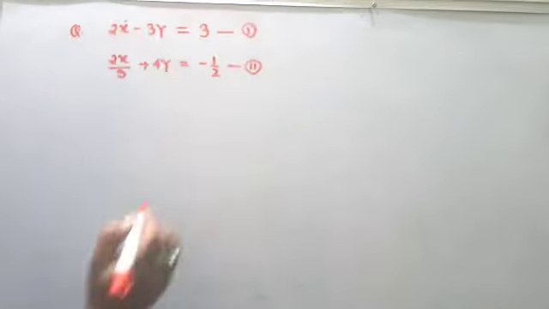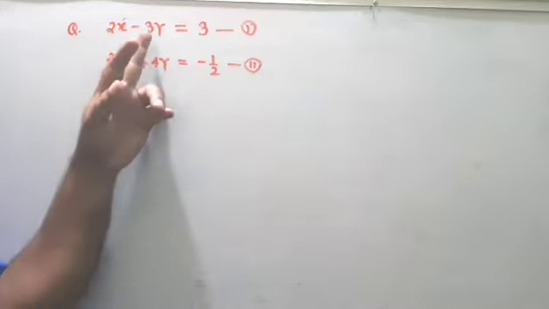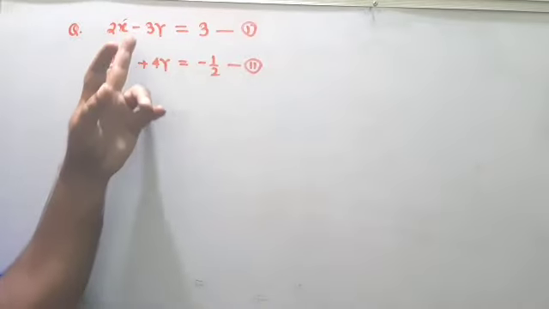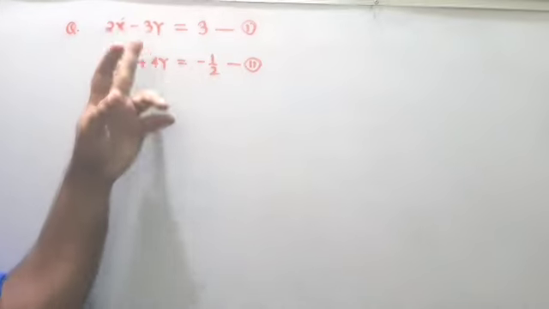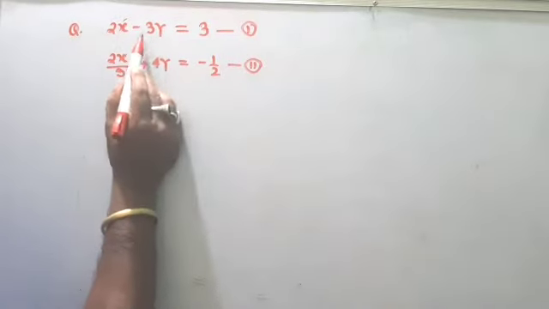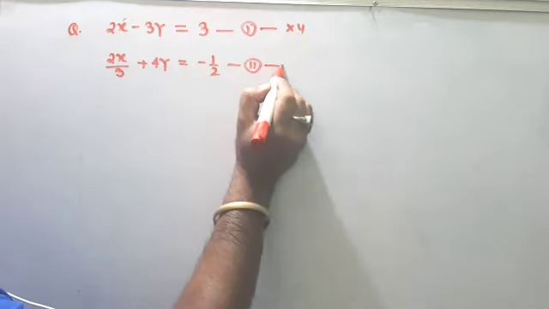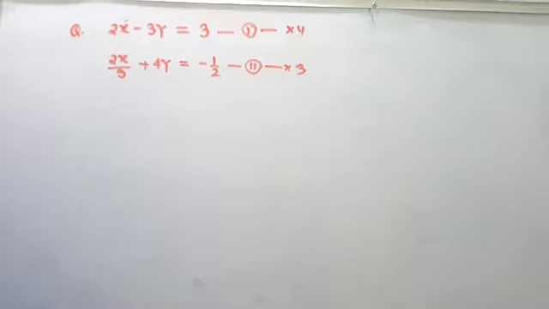Clear? One more question. 2x minus 3y is equal to 3, and 2x by 3 plus 4y is equal to minus half. So this time, this minus 3y and plus 4y are opposite terms, so I eliminate y. Equating their coefficients, you have to multiply this equation by 4, and this one by 3.